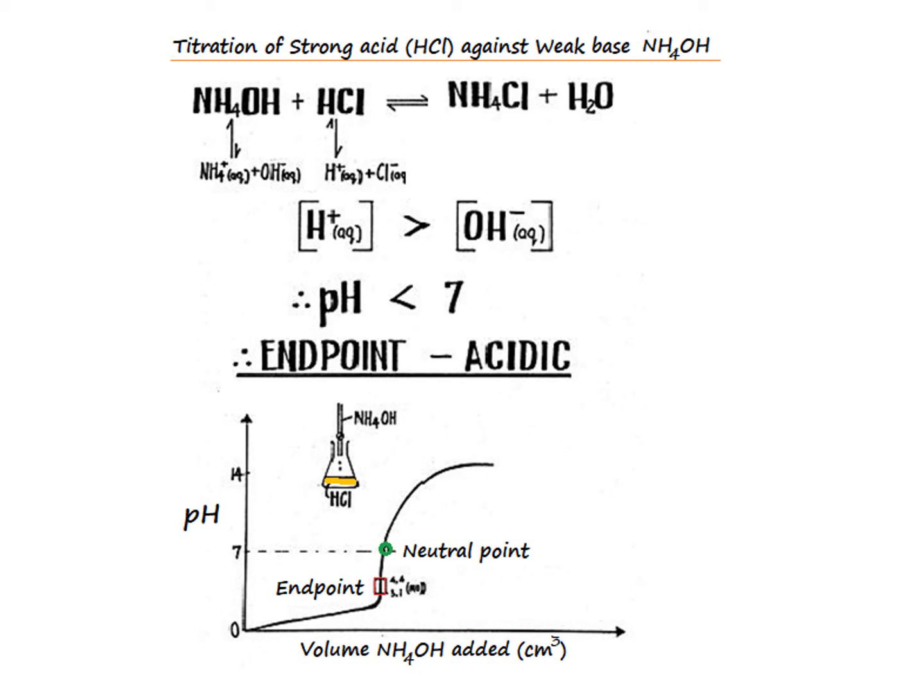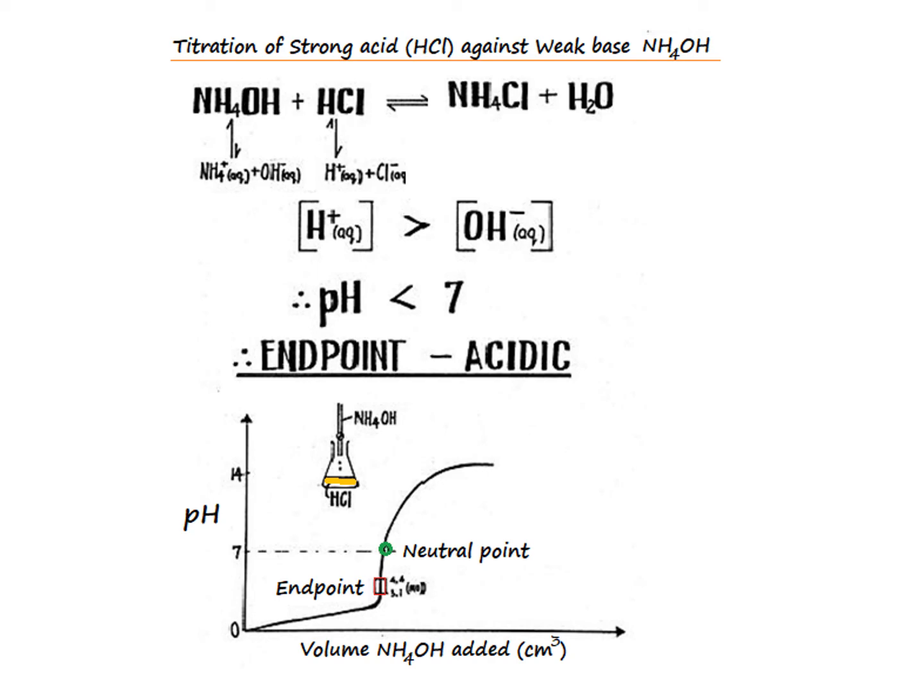Now, you will find in this reaction, the strong acid and the weak base, that the concentration of the H+ ions, or the hydronium ions if you like, is bigger than the concentration of the OH- ions, and therefore the pH will be in the region of an acid, which means it's less than 7. The endpoint, we say, is therefore acidic.